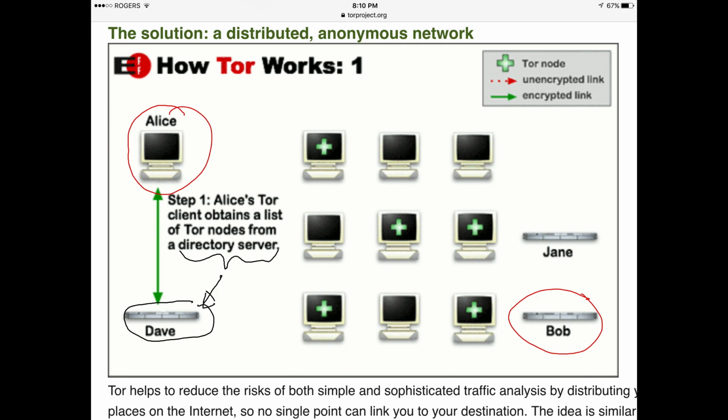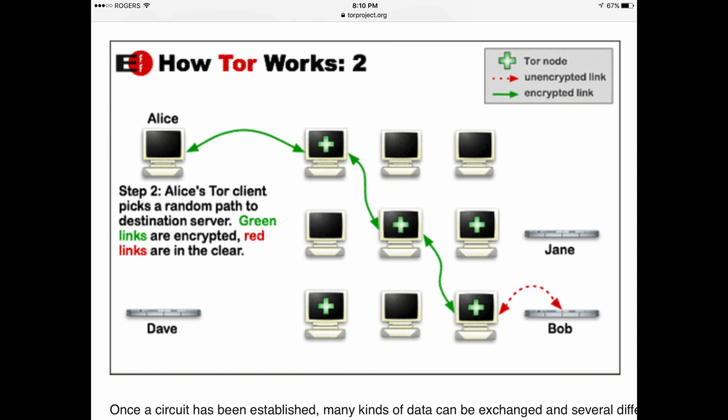Okay, so once she gets a list of nodes, she's capable of connecting to one of those nodes. So Alice's Tor client picks a random path to the destination server.